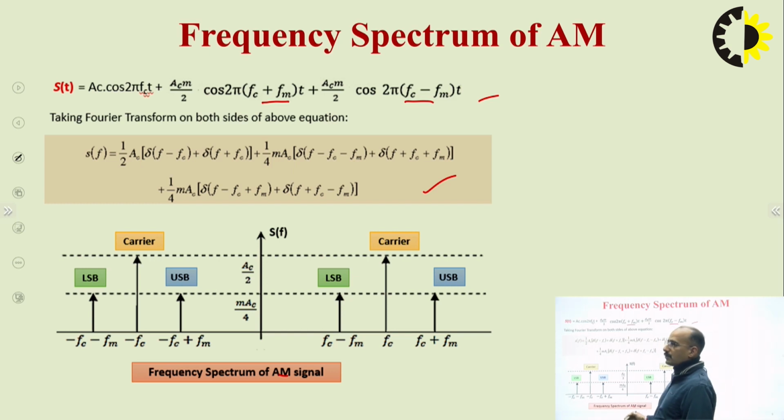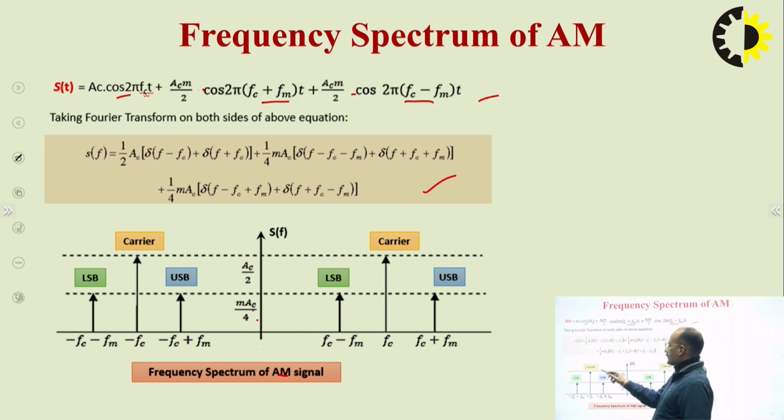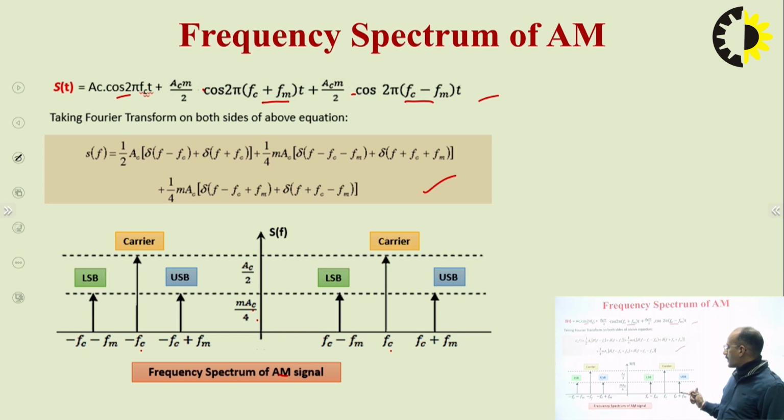Actually, we have two amplitudes, AC by 2 and M AC by 4, where M is the modulation index, which I called MA in the previous one. Here you can see this is the carrier part, denoted by plus FC or minus FC. Then the lower sideband and upper sideband: FC minus FM is the lower sideband, FC plus FM is the upper sideband, and the amplitudes of these parts are defined as per this.